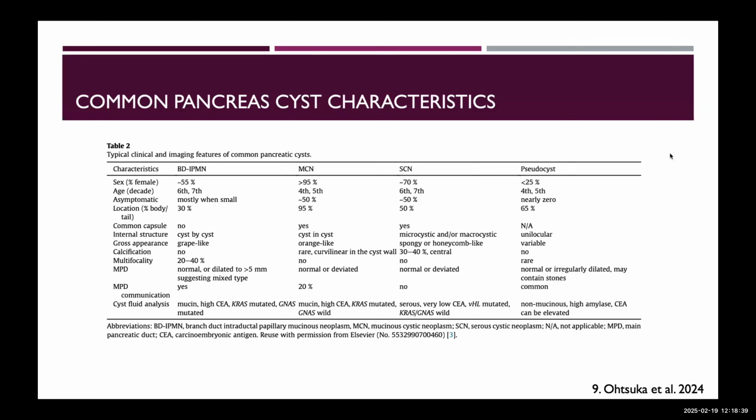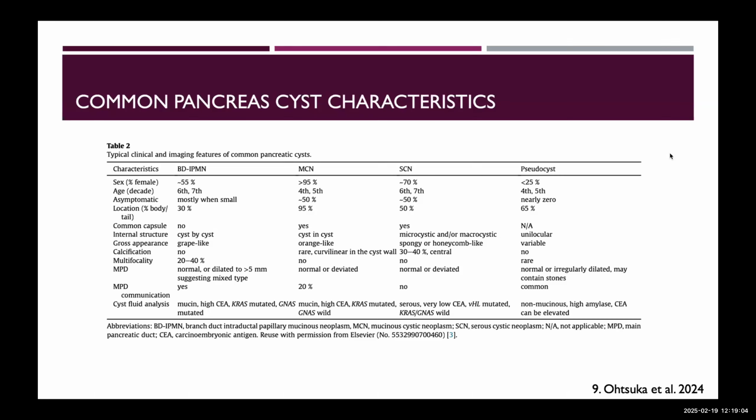Whereas for mucinous cystic neoplasms, it's mucinous with a high CEA and a low amylase because they tend not to be contiguous with the main pancreatic duct. KRAS is mutated, but GNAS is wild in this particular case, so we can differentiate between an IPMN and an MCN on those grounds. Serocyst adenomas are serous lesions, so there's no mucin that's identified.